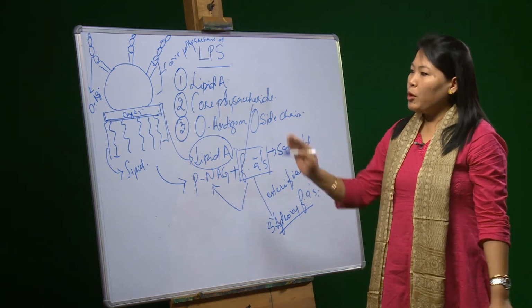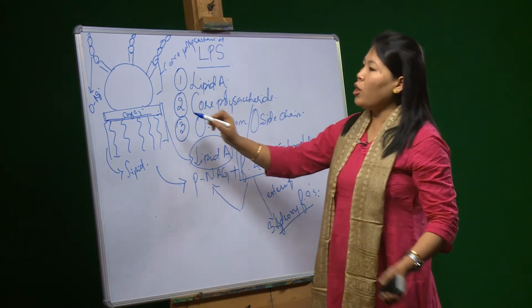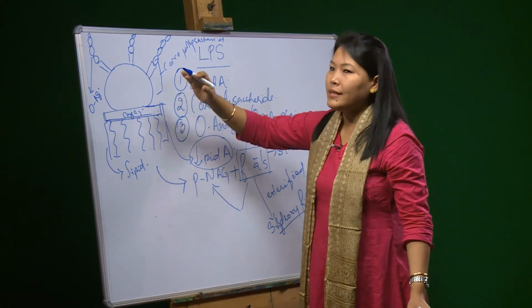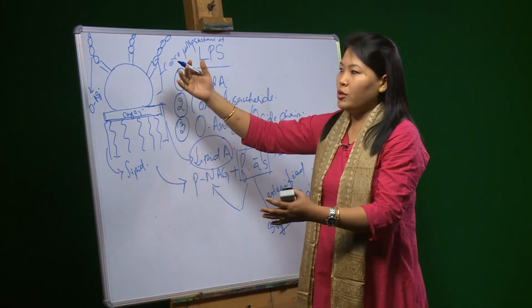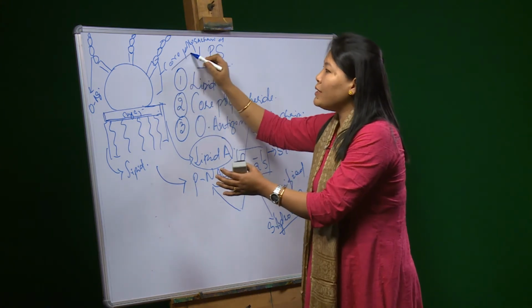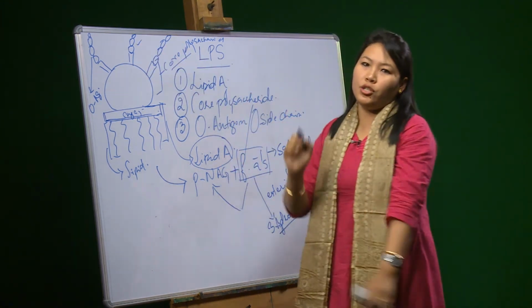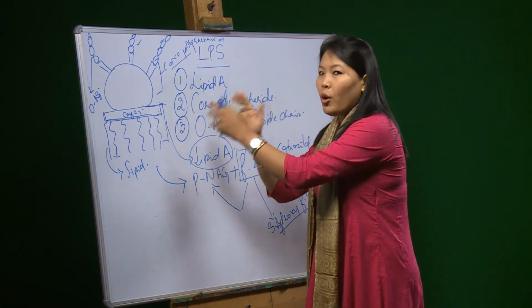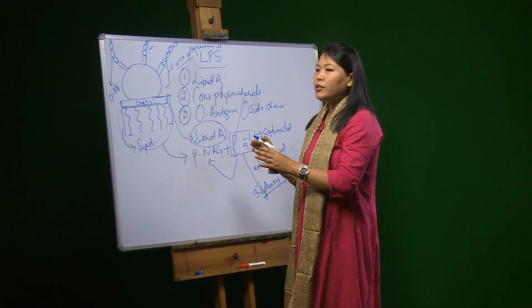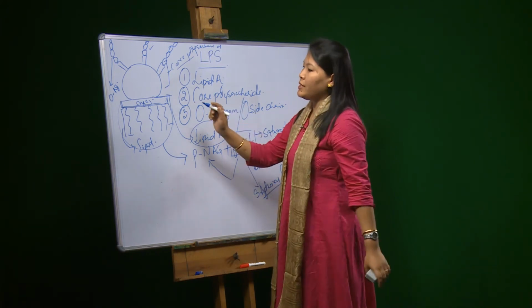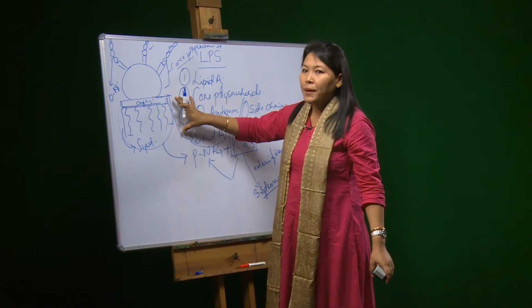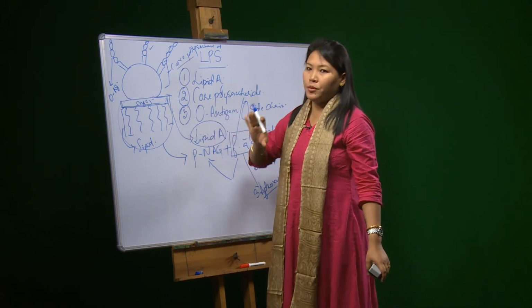But as we know, this portion of lipid A is embedded inside the cell, so it is not exposed as compared to the core polysaccharide and the O antigen. So to generate its toxicity, the lipid A has to be exposed.